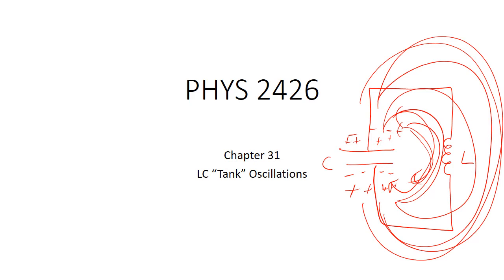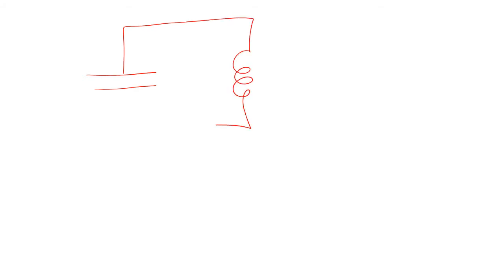And so what we want to do is investigate this. So we have a capacitor, we have an inductor. And so if we imagine the voltages here, this is charged here, and we imagine a Kirchhoff loop here, so that the voltage on the capacitor minus the voltage on the inductor has to equal 0.